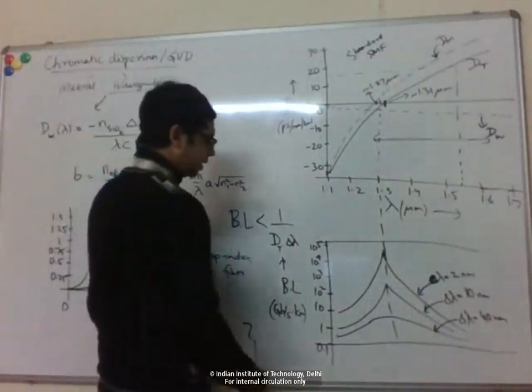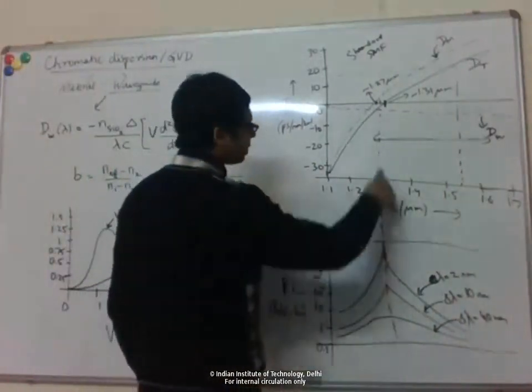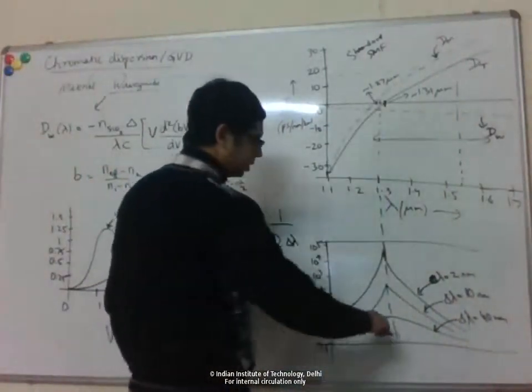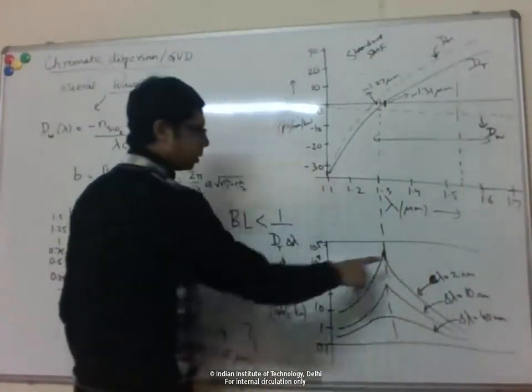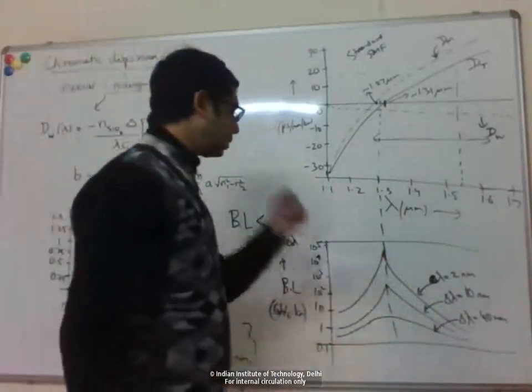Okay, so this data rate times the distance is maximized where the dispersion is minimum, and what that value is depends on, of course, delta lambda. So smaller delta lambda is better.